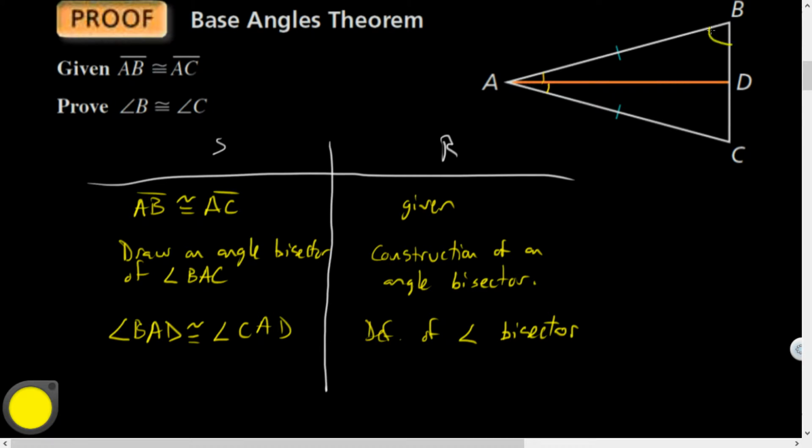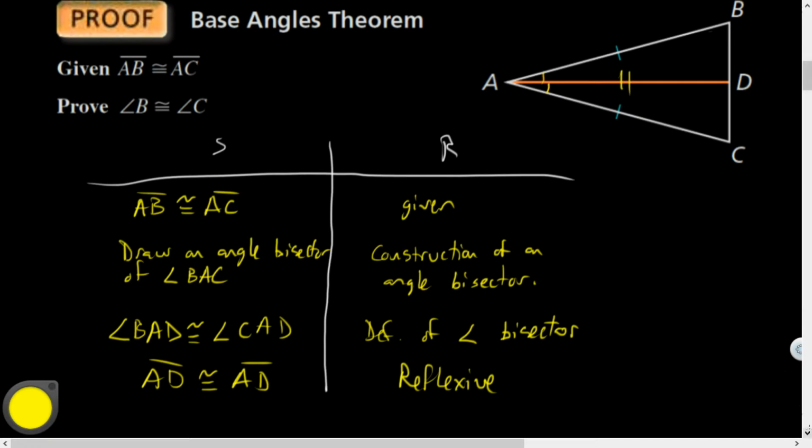Guys, where I'm trying to go, I'm trying to prove these two things are congruent. But notice I do conveniently have two triangles here, and I think I could prove these two triangles are congruent. So AD is congruent to itself. And that's reflexive.